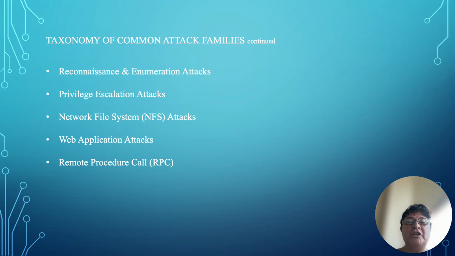Moving to the privilege escalation attack that we touched on a bit earlier. These exploits allow attackers to gain elevated permissions, often abusing weak permissions, misconfigured binaries, or kernel flaws. The category is post-exploitation. An example of this would be abusing SUID, which we talked about, and writable system files.